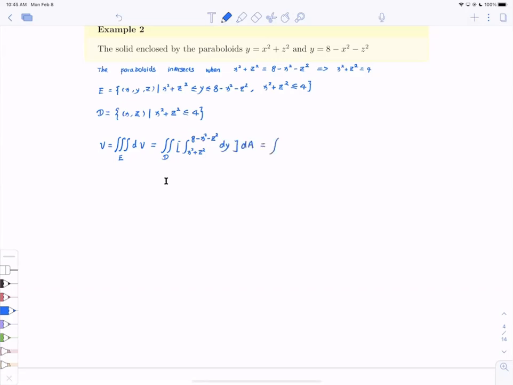This equals the double integral of 8 minus 2x squared minus 2z squared dA. Now you can convert this to polar coordinates. That gives theta from 0 to 2 pi, r from 0 to 2, and 8 minus 2r squared times r dr d theta, and the rest you can do yourself. Okay.